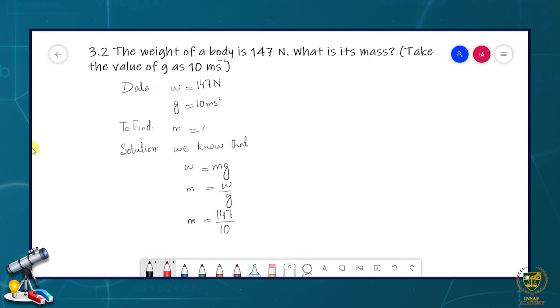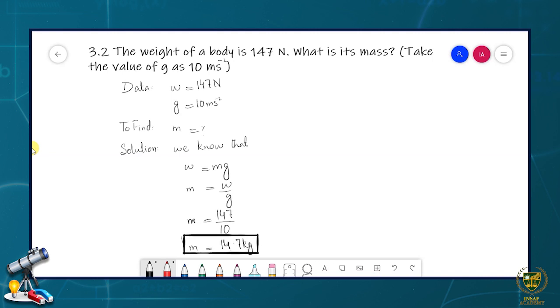So 147 divided by 10, the answer is 14.7 kilogram. So this is the mass of the body, which is 14.7 kilogram.